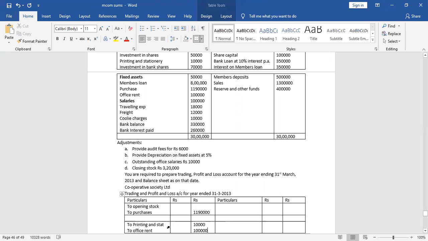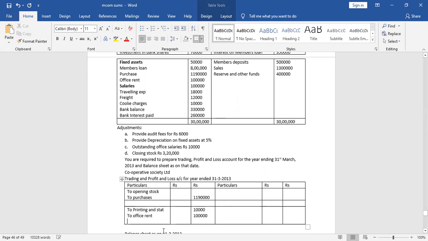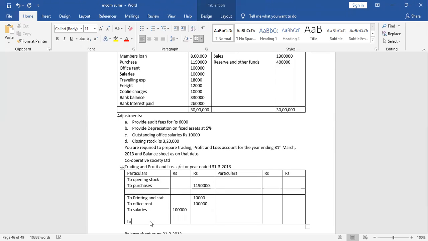Then we have salaries, that is having adjustment. The amount is 1 lakh. To salaries. In the inner column, I will write 1 lakh. Then we have traveling expense. Leave one line and write to traveling expense.